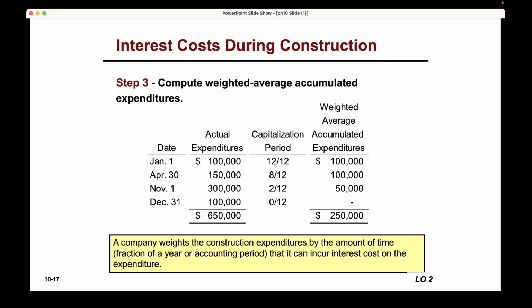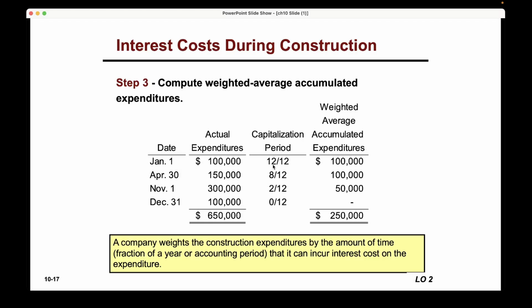On January 1st, 2015, 100,000 was spent, and it was outstanding for the full year, meaning 12 months. Because the construction process took 12 months, the capitalization period for the expenditure on January 1st is 12 months.